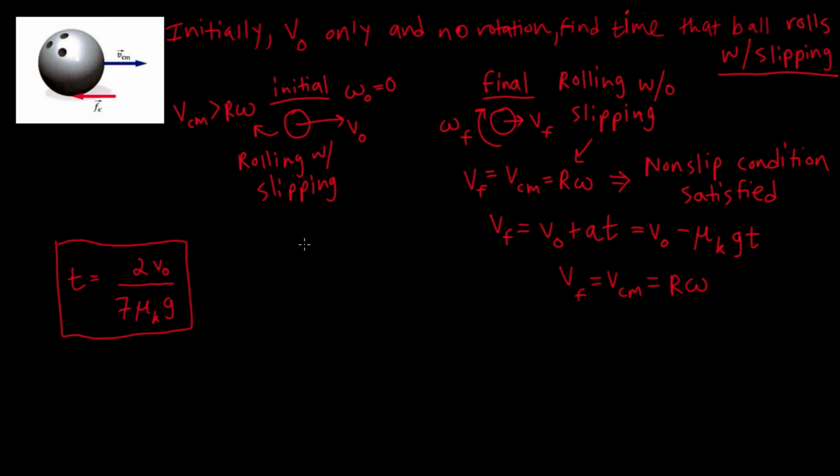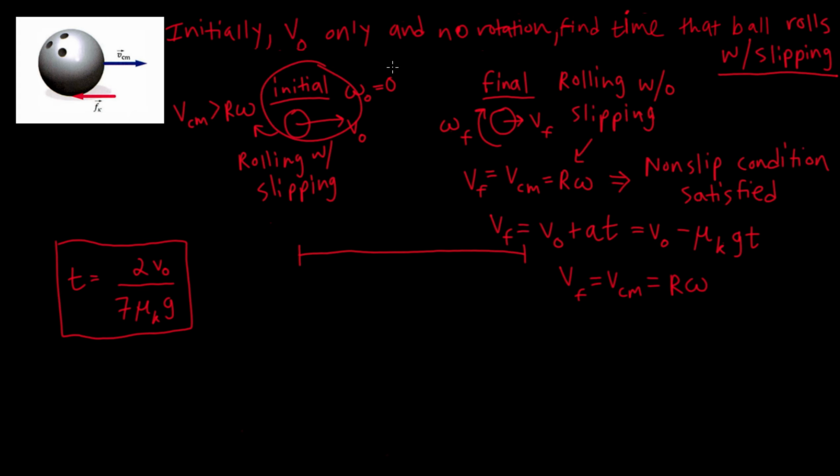So if we were to interpret what this expression for the time represents, this variable t just represents how long it took for the ball to go from its initial state all the way to its final state.